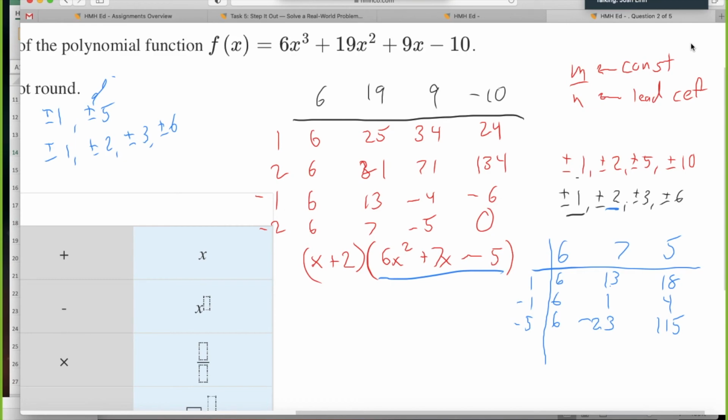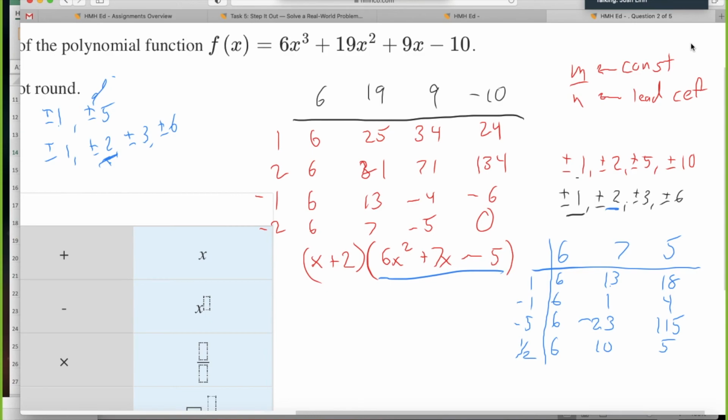So, or I guess over here, so this fraction. So we'll start with 1/2. So 1 on top, 2 on bottom. 6 comes down, 6 times 1/2 is 3, so that's 10. 10 times 1/2 is 5, and that is 5.